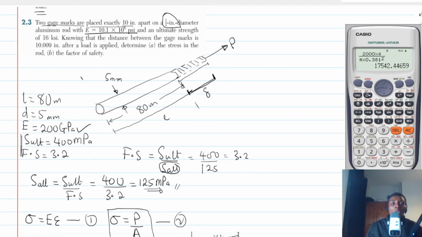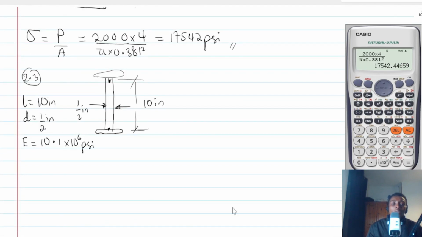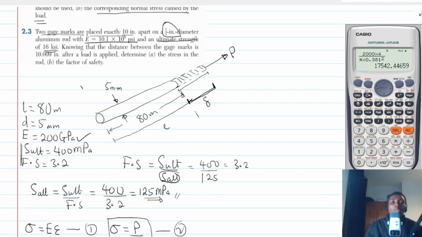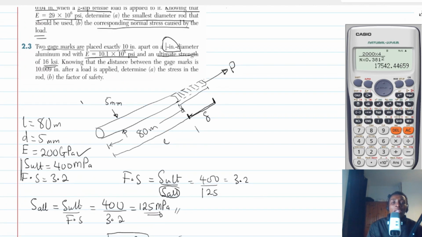Now, the question says there is an ultimate tensile strength of 16 ksi. So S ult is 16 ksi. And the distance between the gauge marks is 10.009 after a load is applied.